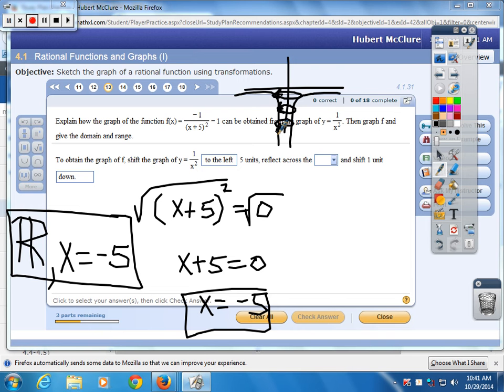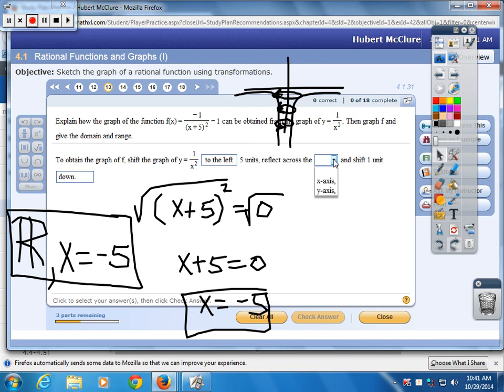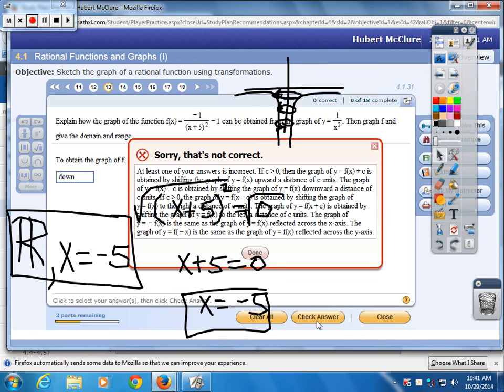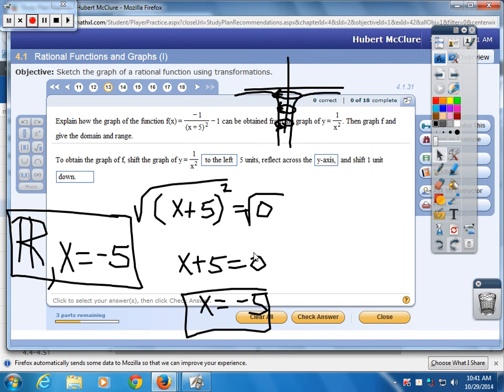So it reflects across the what? Y-axis. And is 1 unit down. And we feel good about ourselves. No, we didn't reflect over the x-axis. It was going upward. Oh, I'm sorry. I didn't draw it right. We got to go left 5.